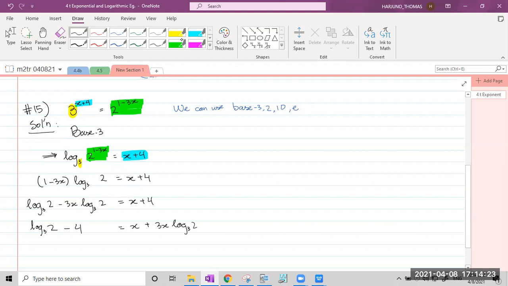Think of this as the coefficient of x, so I can factor the x on the right-hand side and get 1 plus 3 log base 3 of 2, while on the left-hand side I have log base 3 of 2 minus 4.